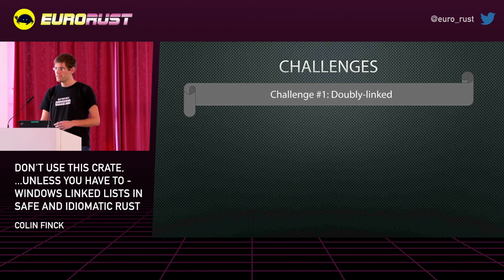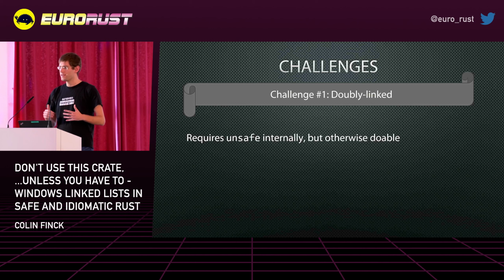So what we simply have to do is use unsafe here. This is also what the Rust collections linked list library does internally. We basically only have to move to mutable pointers, but otherwise this is pretty doable. So not that much of a challenge.